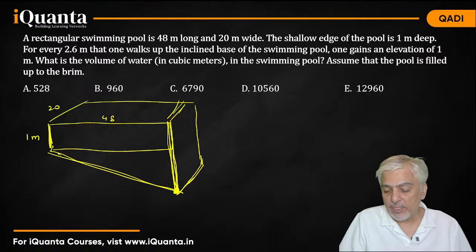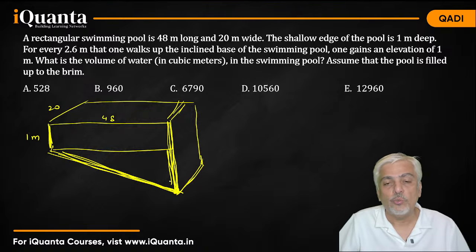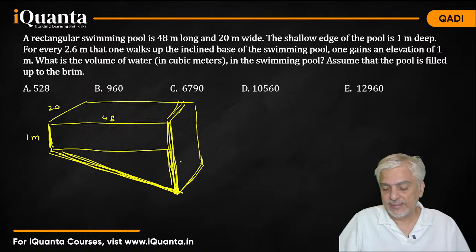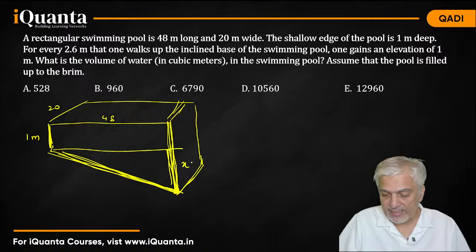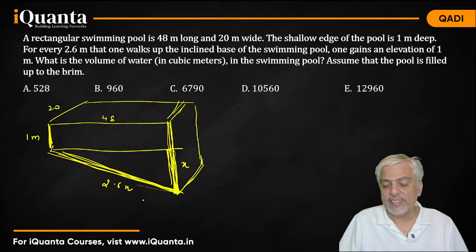That means the ratio between the elevation gained and the distance walked is 1:2.6. If this much is x, this is 2.6x. So if you walked 1, you walk 2.6, or you walk 2.6, you gain 1. So if you gain x, you have actually walked 2.6x, and this is 48.